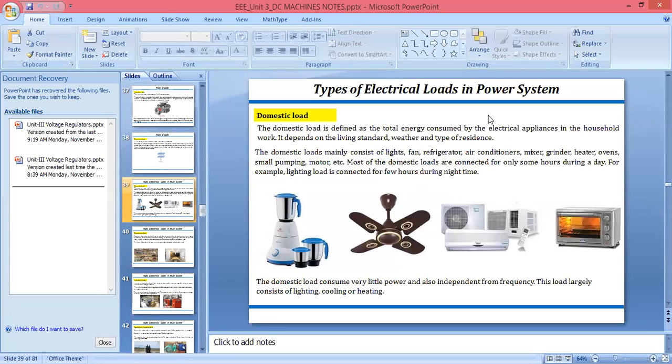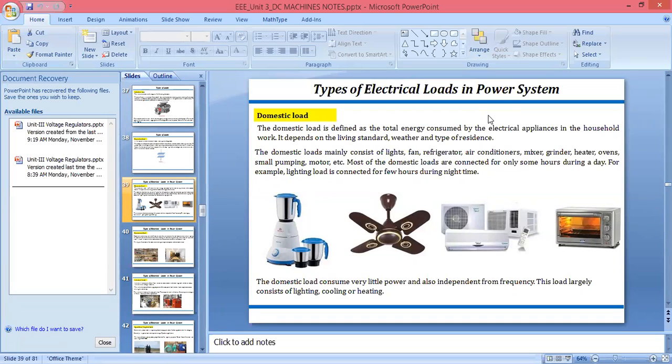domestic load. Domestic means what? The electronic devices which use electrical energy and give the energy in the form of some type of heat, light, or air, any of these devices which we can use at our home. This load we can call a domestic load.